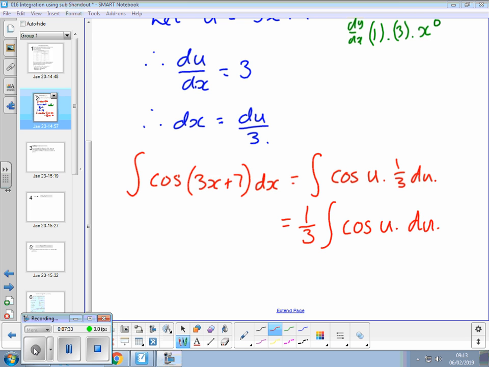du. So this bit here would show that we could have that integral in terms of u instead of x. Yeah, by replacing dx with du by 3, we then got it in terms of u, which is what our variable is at the moment. So now how do we integrate cos u? In the table, what's the integral of the cosine?